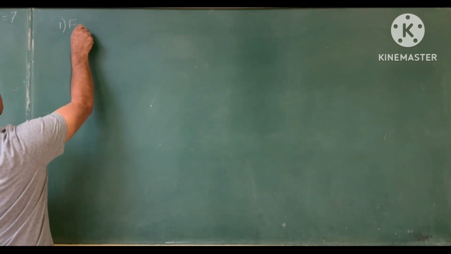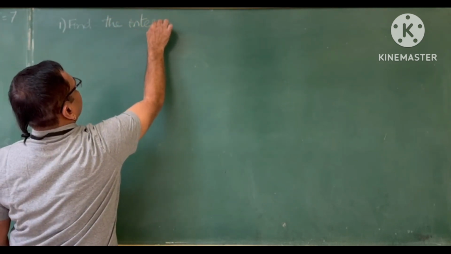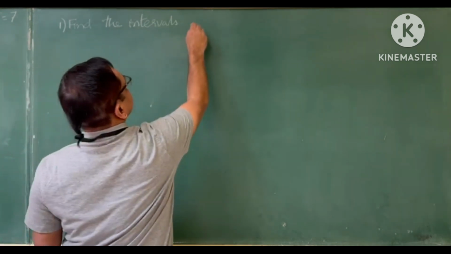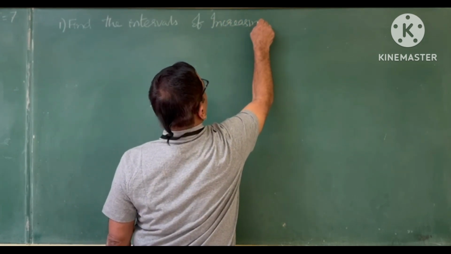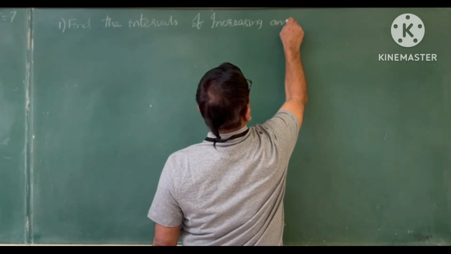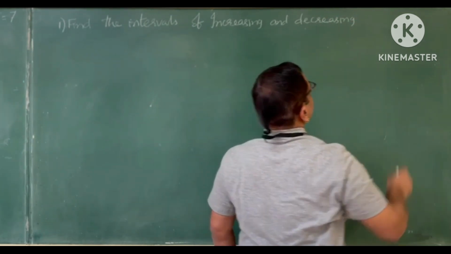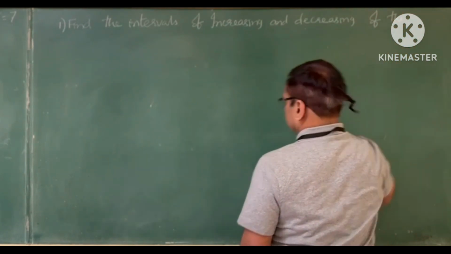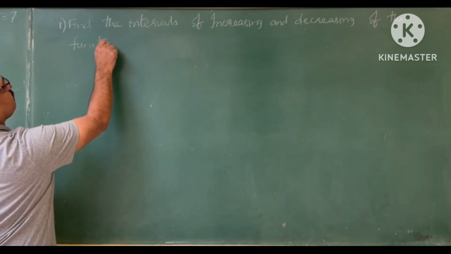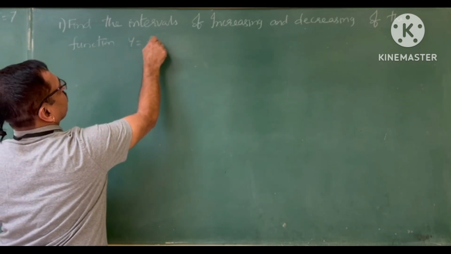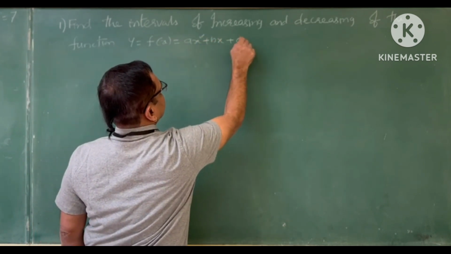Find the intervals of increasing and decreasing of the function y is equal to f of x is equal to x square plus bx plus c.